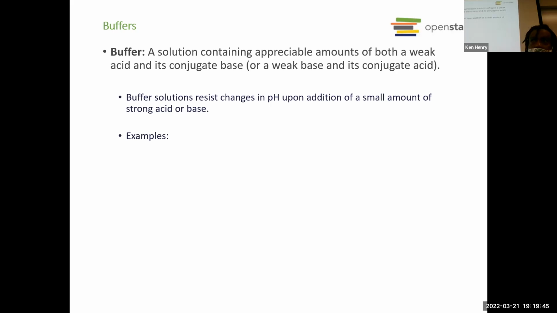Buffer solutions are going to be resistant to changes in pH upon the addition of strong acids or bases. In other words, you're not going to see too much of a change. It takes a while for it to shoot out.